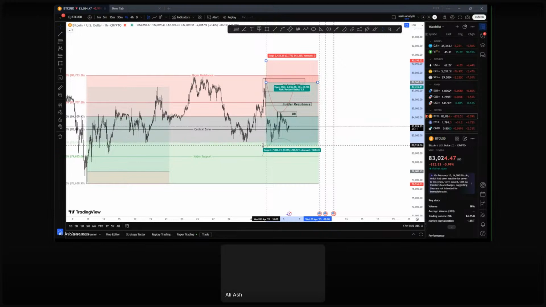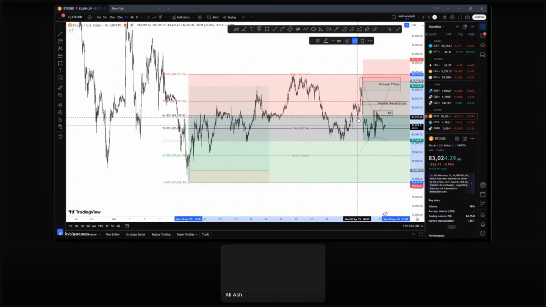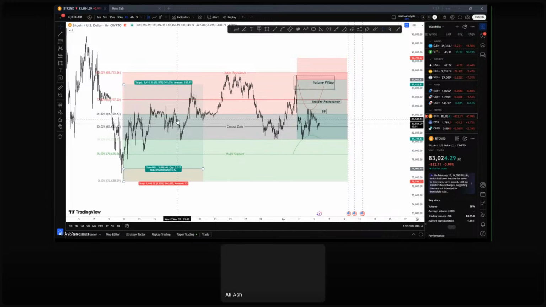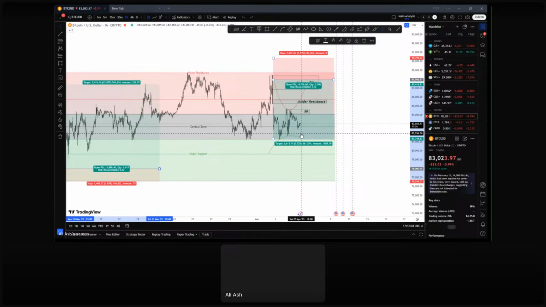With this, you will be able to understand the market structure quite well. And with each area, we have a risk and reward which is double this one. So here we have this much risk and reward, and here we have this much.